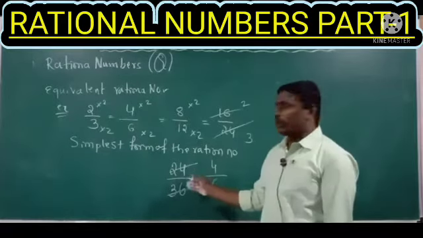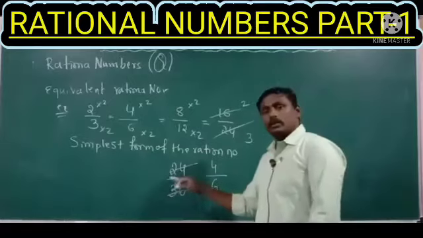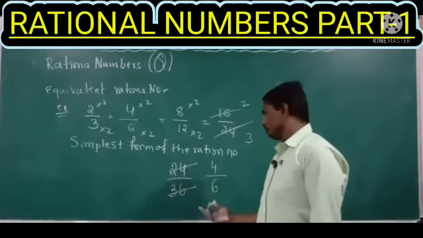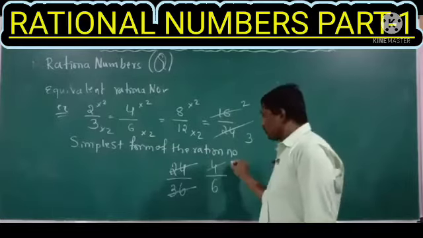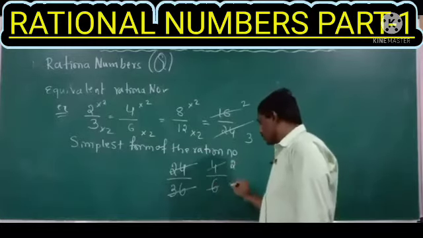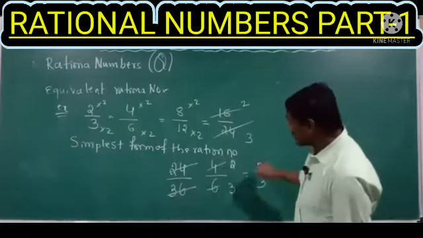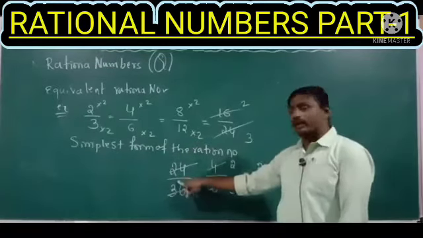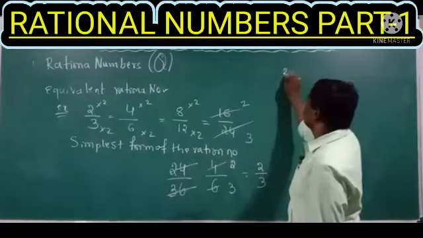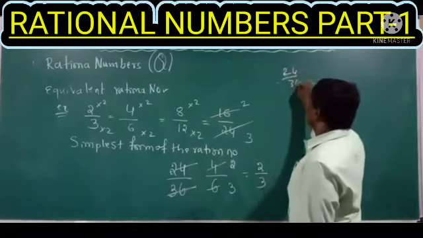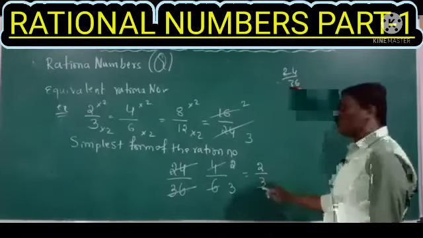You can also divide 24 and 36 by 12, or divide by 4 also, right. 2 2s are, 2 3s are. So 2 by 3 is the simplest form of the given rational number 24 by 36. 24 by 36 is the given rational number and its simplest form is 2 by 3.